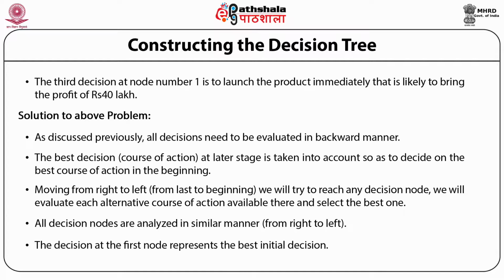Now we will try to give the solution to the above problem. Once we have constructed the decision tree, we will try to analyze it. It is important to note that though we build the decision tree from left to right, in chronological order, to reflect the sequence in which a decision is followed by a chance event, we evaluate the tree in the reverse direction.